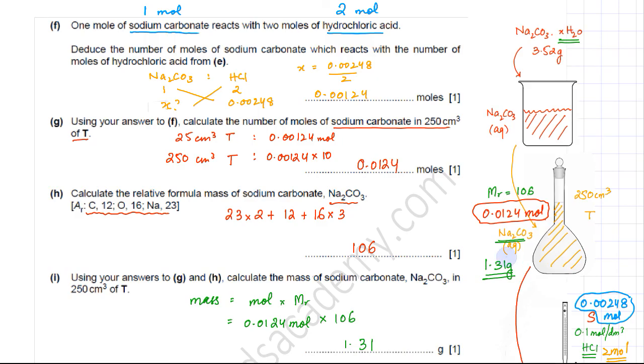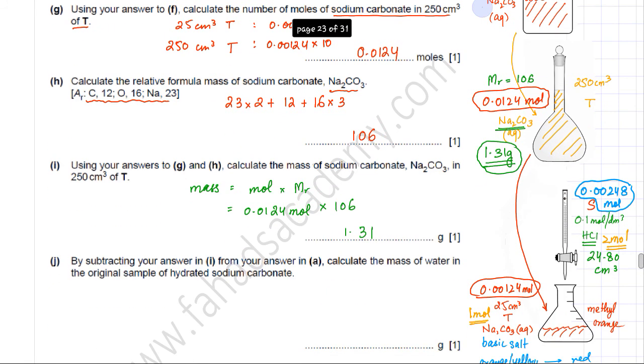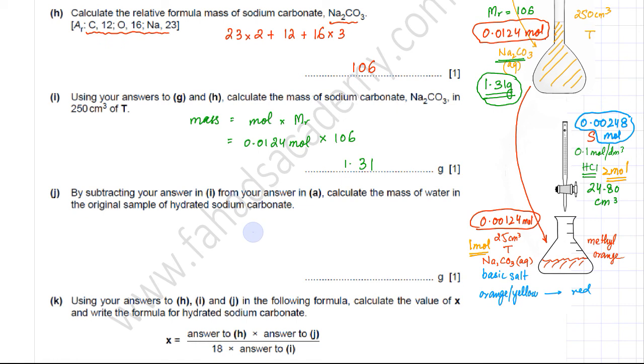So we have the mass of sodium carbonate in that sample, that's 1.31 grams, and we have the total mass of the original salt that we took, that was 3.52 grams. So if this salt contains 1.31 grams of sodium carbonate, then how much water would be contained in this salt? We just need to subtract the two values. So 3.52, which is the total mass of the salt with the water in it, minus 1.31 grams, which is the mass of sodium carbonate.